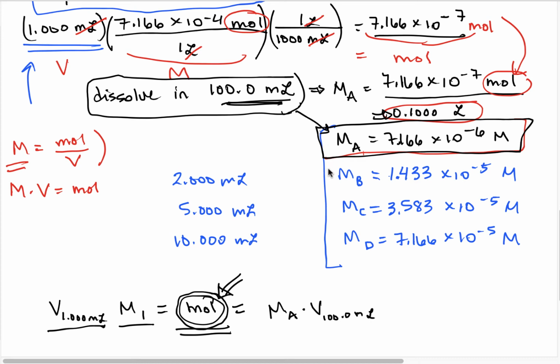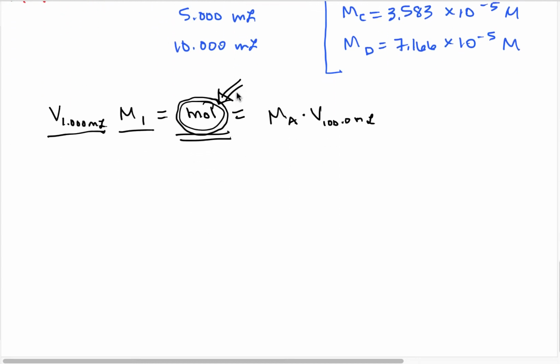But if you wish to, you can skip this middle step, and you can notice what we have here. I have a volume of my stock solution, and I have a volume of my new solution. So I can rewrite what we just did here as a short version: V1 M1 is equal to M2 V2. But be careful here, all right?